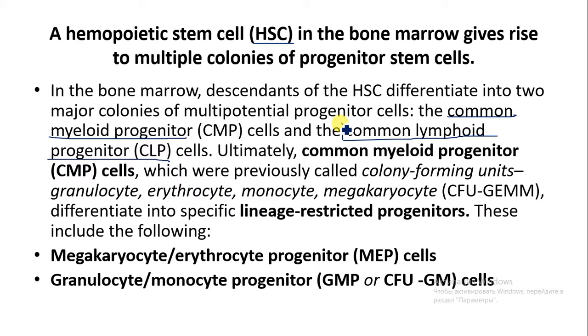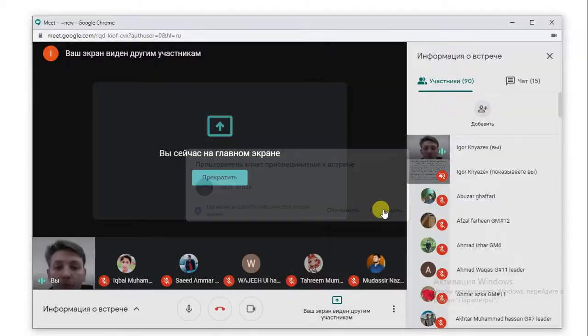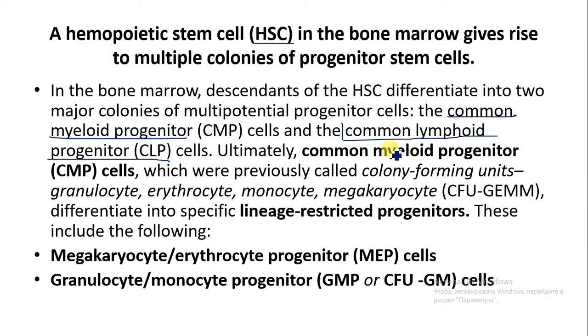Usually you think about this like this: leukocytopoiesis, erythropoiesis, and thrombopoiesis. But actually, erythropoiesis and most of leukocytes and thrombocytes are derived from one cell, the common myeloid progenitor. And only lymphocytes possess their own branch of cell formation, the common lymphoid progenitor. And their differentiation goes inside the bone marrow.